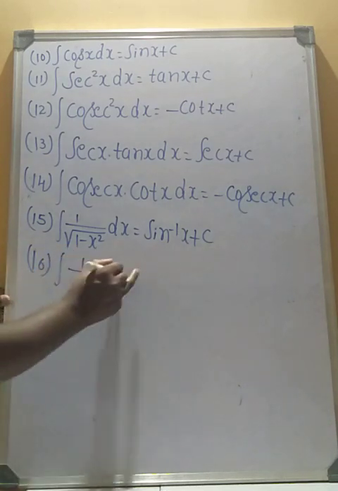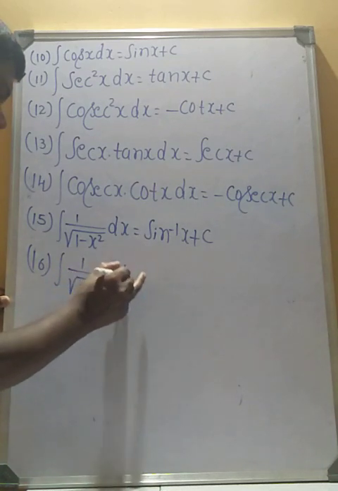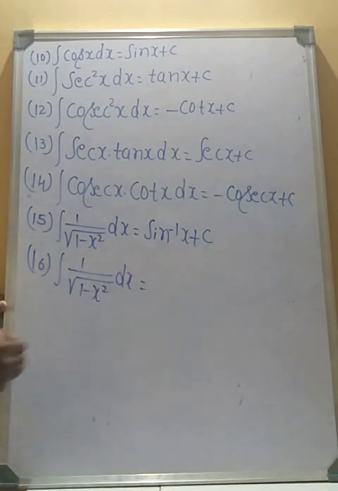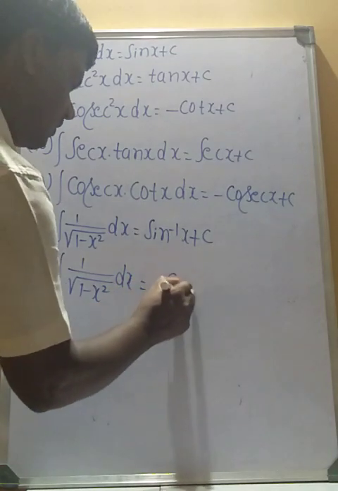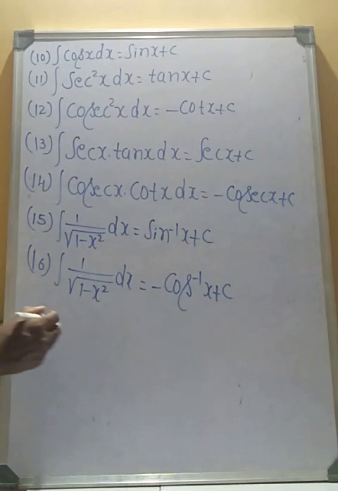Integral of 1 divided by root of 1 minus x square into dx is equal to minus cos inverse x plus c.